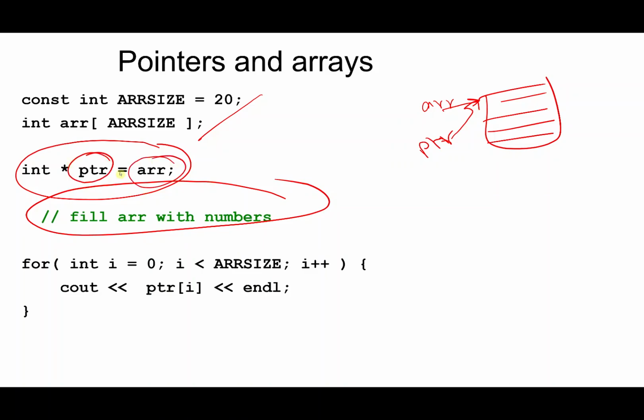Now we know array stores the address of the first location, right? Same thing with ptr. So I can use ptr with the square brackets, the way I used array before, like in a regular for loop. Something you used to use.